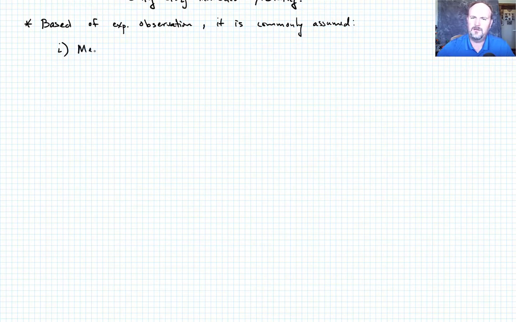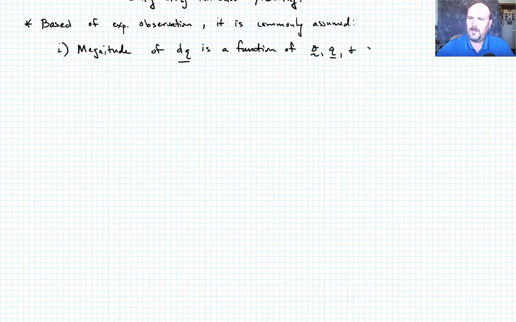The magnitude of dq, and we could also say d epsilon p, the plastic strain increment, is a function of sigma, q, and the stress increment d sigma.